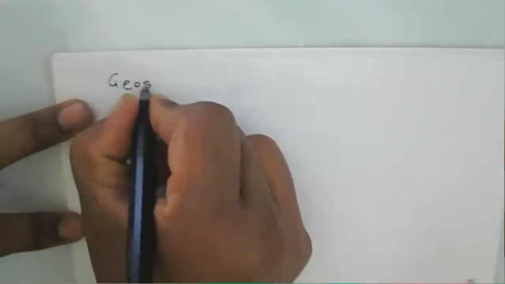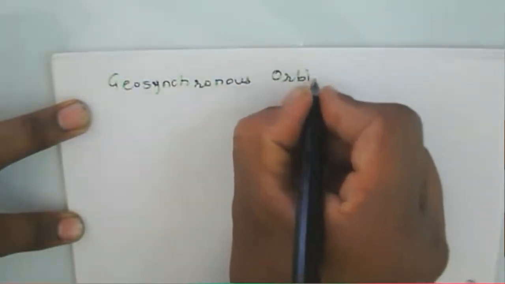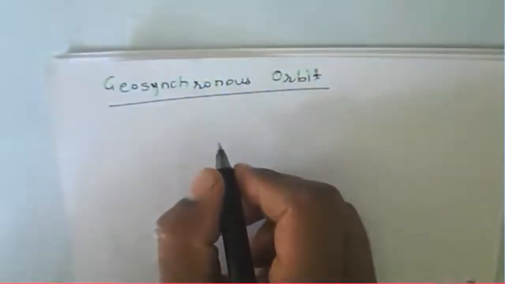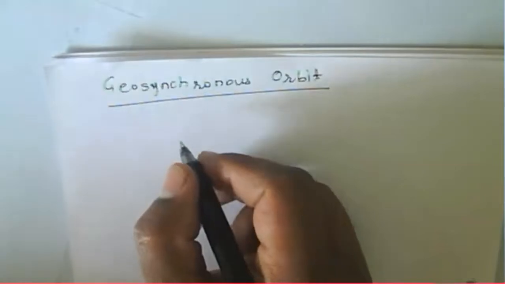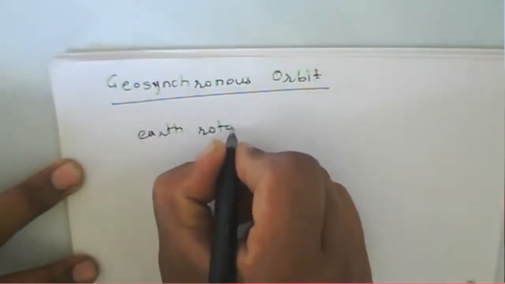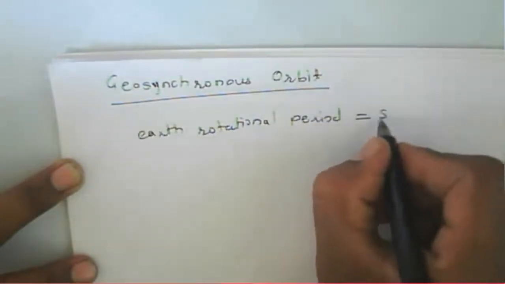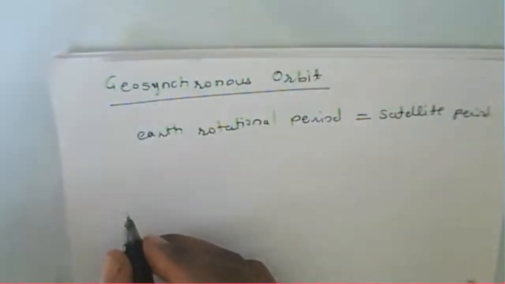Then, the geosynchronous orbit. In a geosynchronous orbit, the satellite has a period equal to the period of the Earth's rotation. The Earth's rotational period will be equal to the satellite period.